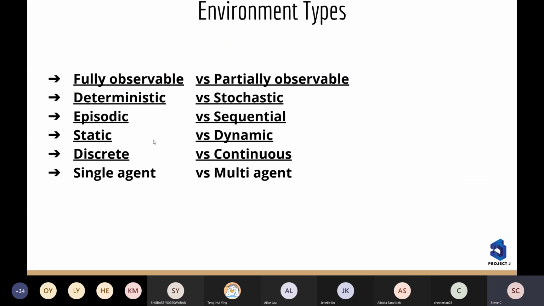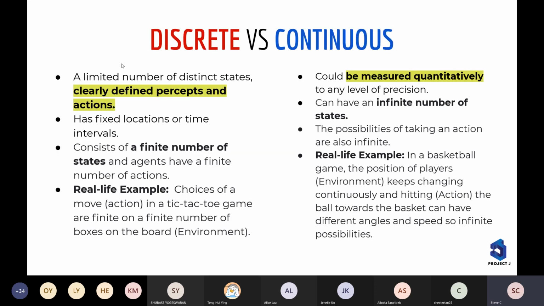Now, a discrete versus continuous environment. A discrete environment has a limited number of distinct states, and clearly defined percepts and actions. It also has fixed locations or time intervals. It consists of a finite number of states and agents have a finite number of actions, right? An example for this would be a tic-tac-toe game.